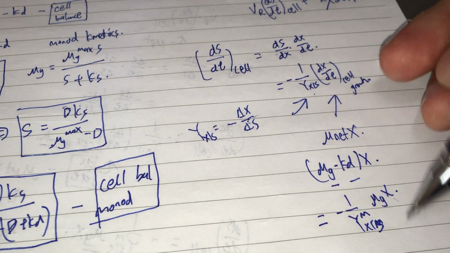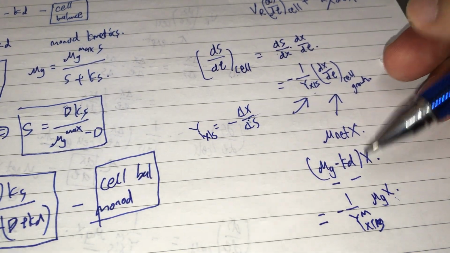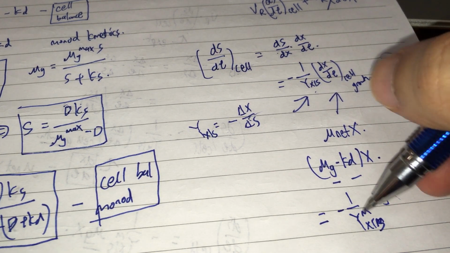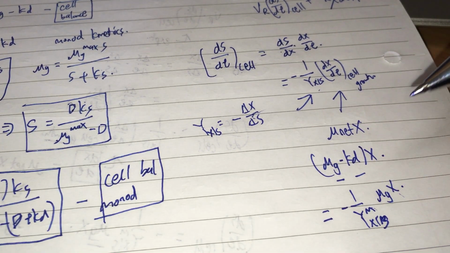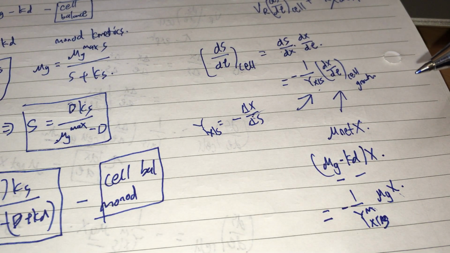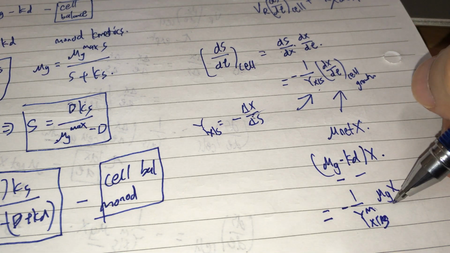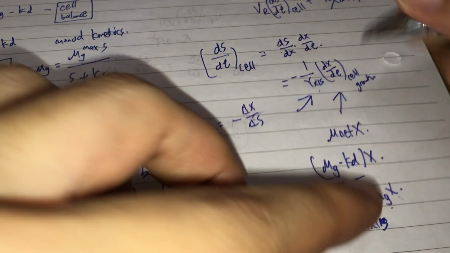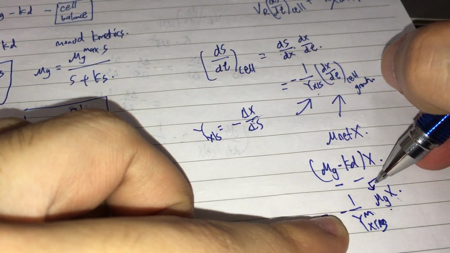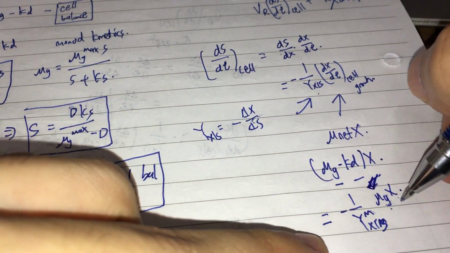This is something we've derived in the last videos, so we'll use this maximum cell production rate. This is assuming KD equals 0.